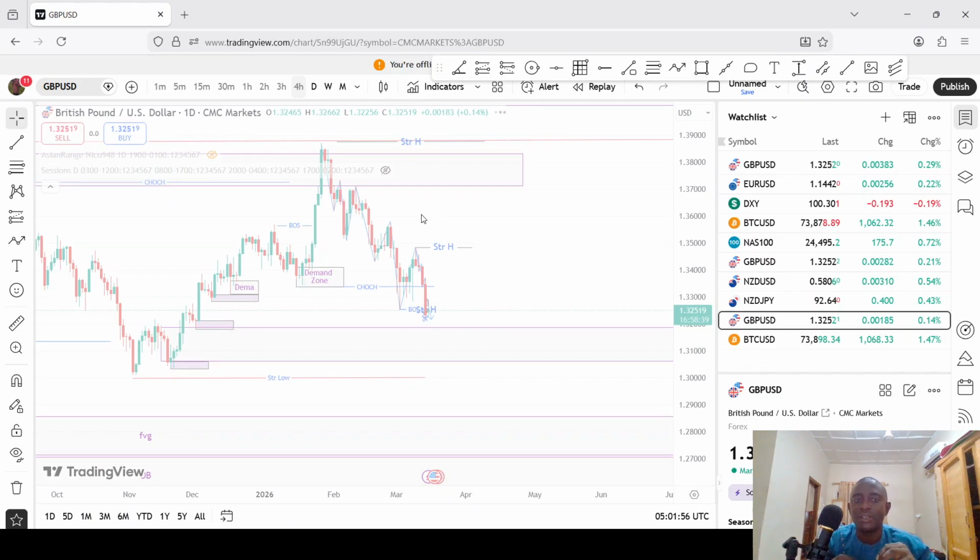Yeah, from the daily, then you come down. You can see that from here, at least we had this uptrend that was going lower high, lower low, lower high, lower low. Then all the way we went around this part.